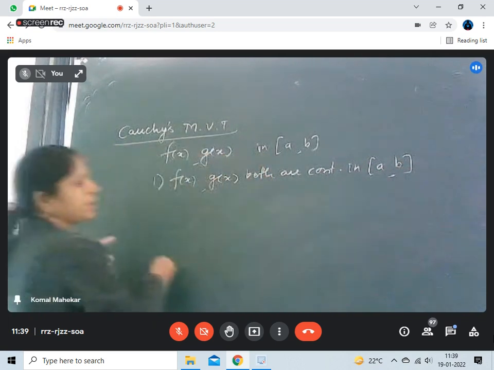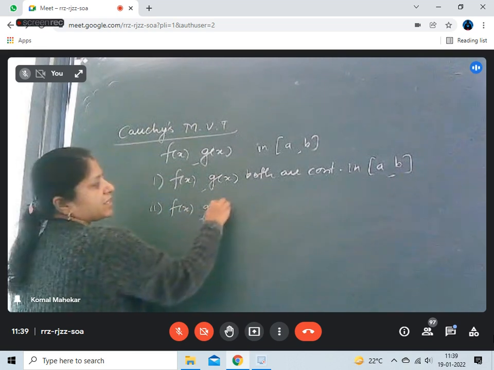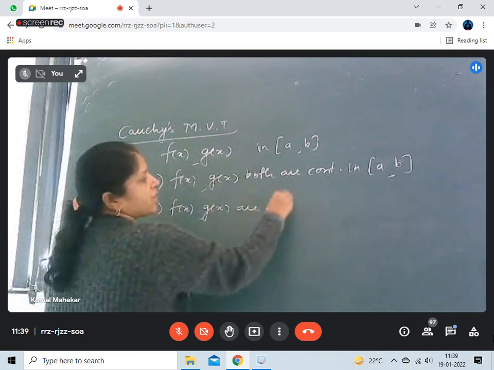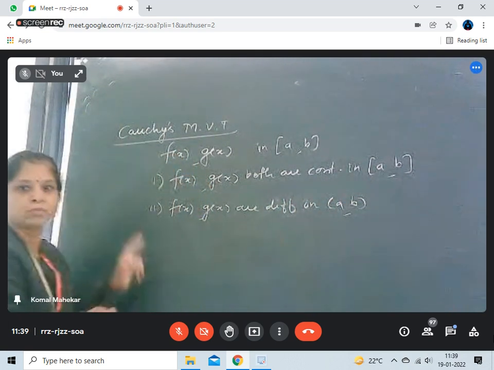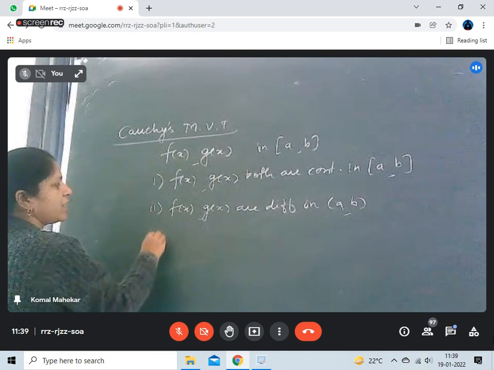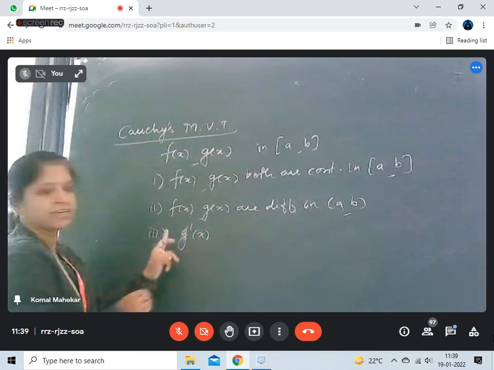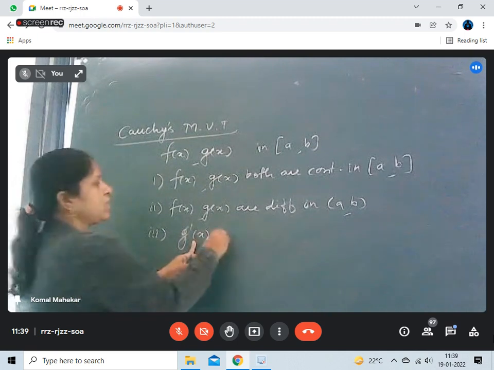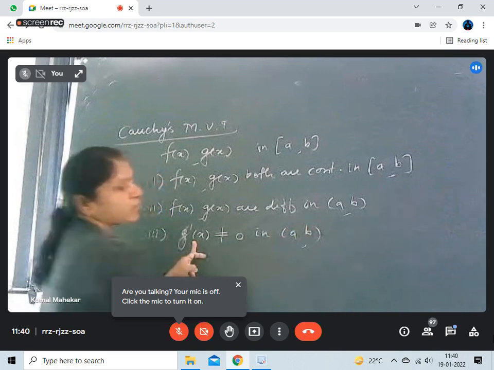Second, f(x) and g(x) are differentiable functions in the open interval a to b. Both should be differentiable. The third condition is that g'(x), the derivative of the second function, is not equal to 0 in the open interval a to b.